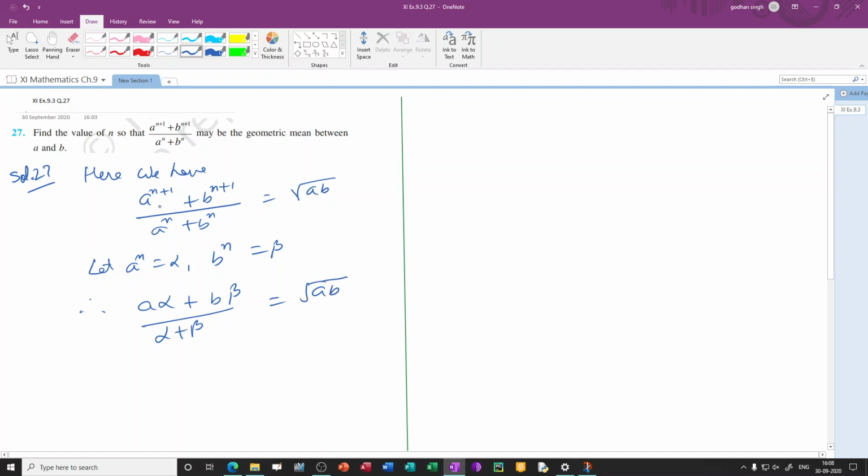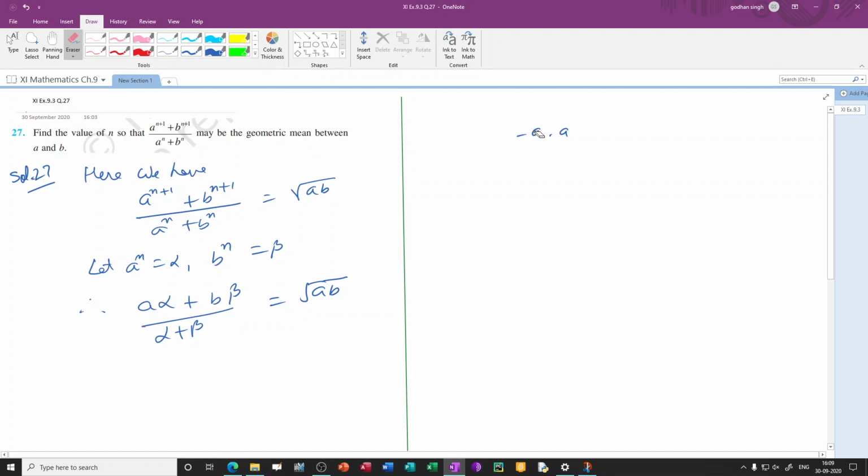Why? Because a raised to n plus 1 can be written as a raised to n into a. So we get a alpha, and b raised to n plus 1 is b raised to n into b, so b into beta.